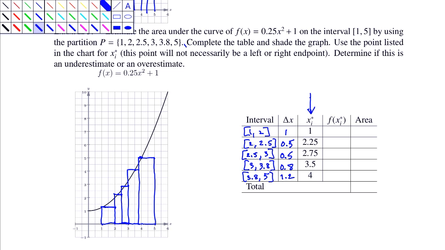So that tells me the f of xi star is 1.25. Now we can't use y2. You can't use y2. y2 is based on it always being 0.5 times the height. So we can't use that. In fact, you can turn that off if you want to.